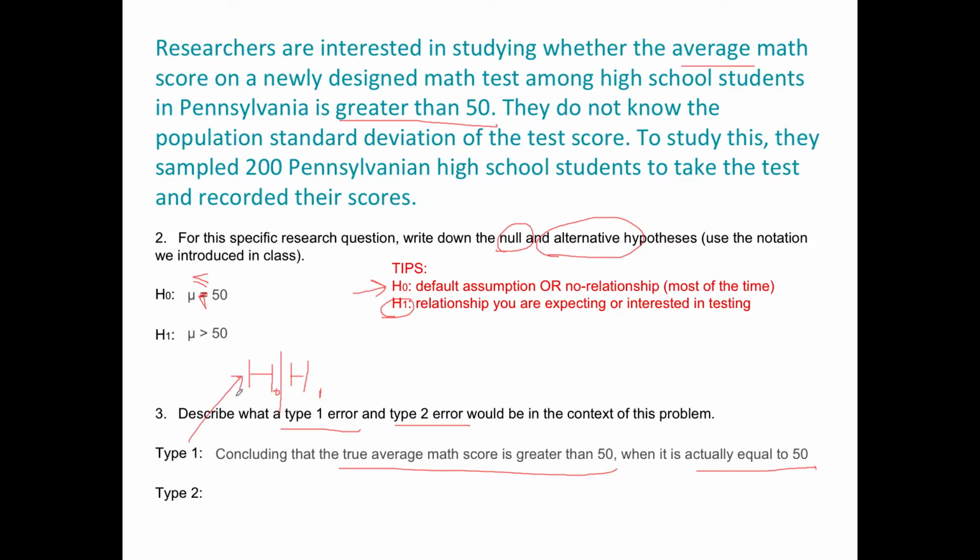That's type 1 error. And so what's type 2 error? It will be concluding that the true average is 50 when it's actually larger than 50. So this one would be H0 given H1.